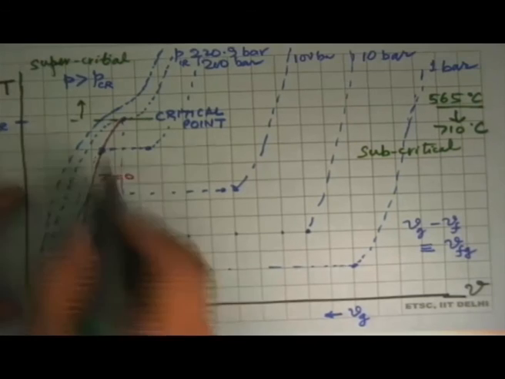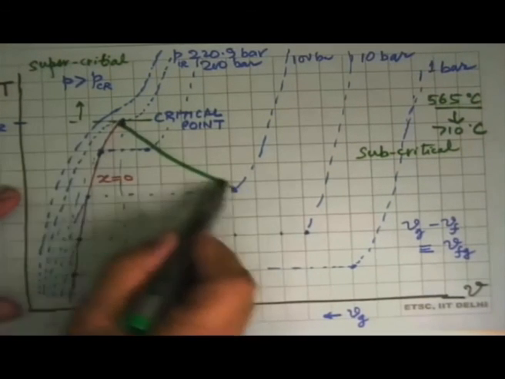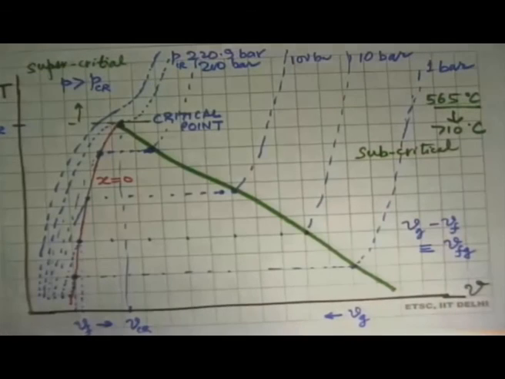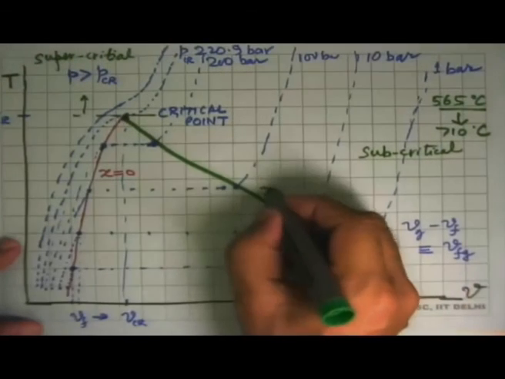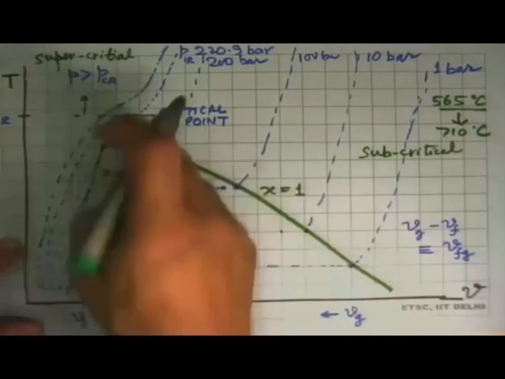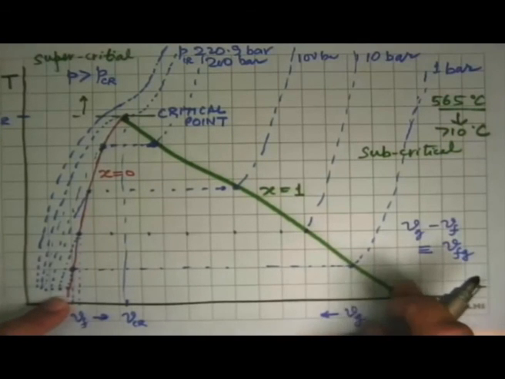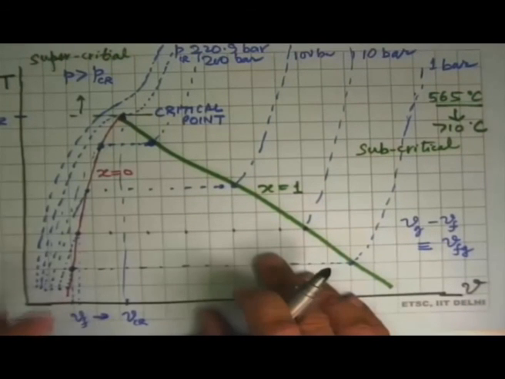And similarly, we can join all these states on the other side. These are all the states where X is equal to 1, dry saturated vapor. In between this are all the wet states.